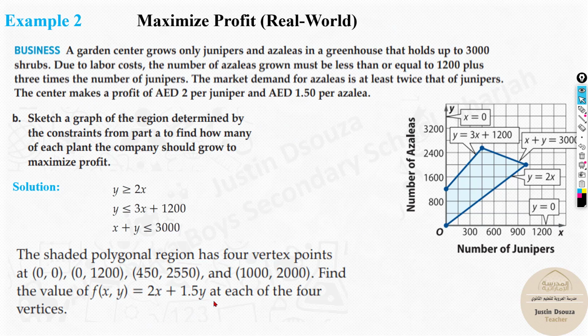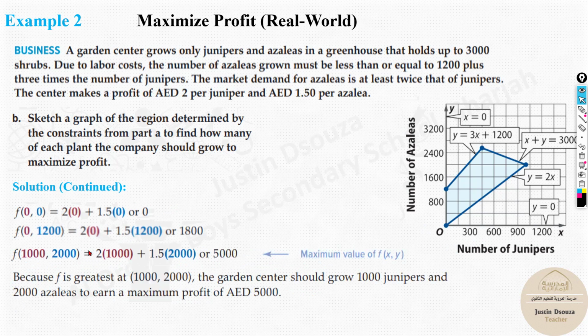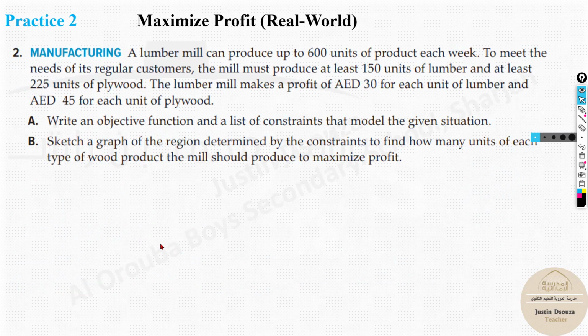Just see which vertex gives you the maximum profit, and that many junipers and azaleas must be grown. So we substitute all, and we can see a maximum profit of 5000 can be obtained if 1000 junipers and 2000 azaleas are grown. So that will be the maximum profit. This is what needs to be grown, not anything else.